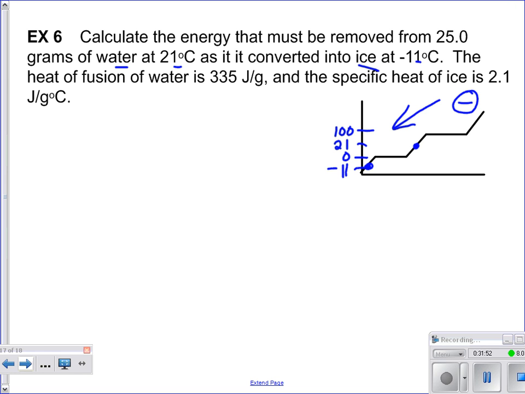Also, how many steps do you think this is going to take us? 3. However many line segments you have, that's how many steps that you have on there. If I had a really big chart, maybe I would label this here as A, B, and C. I don't. I'm going to always move in the direction that my question describes.